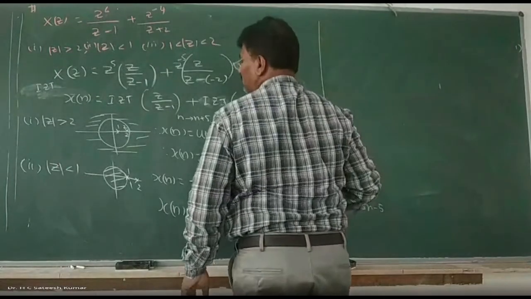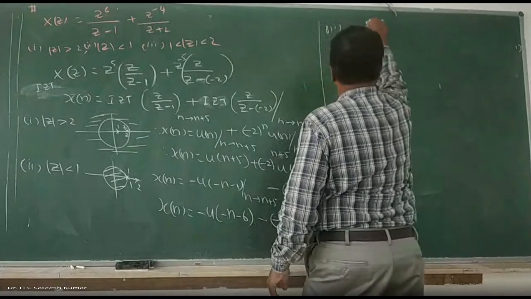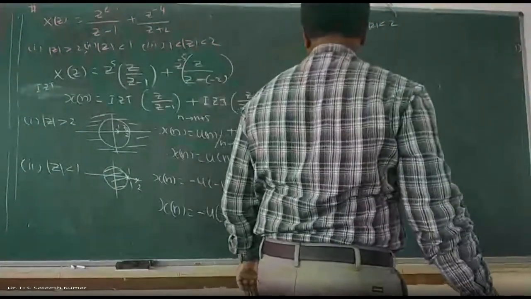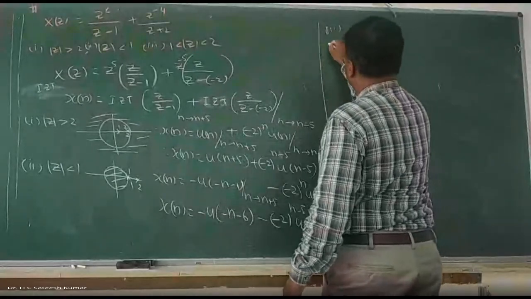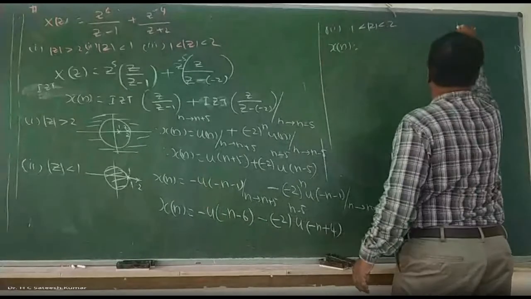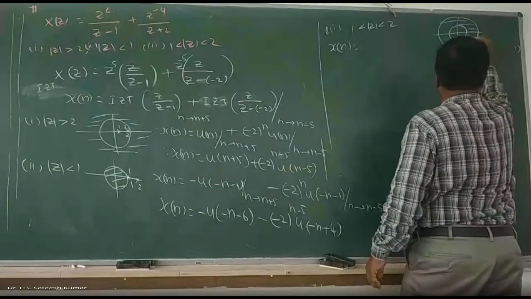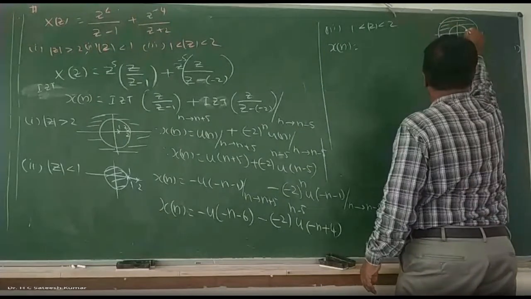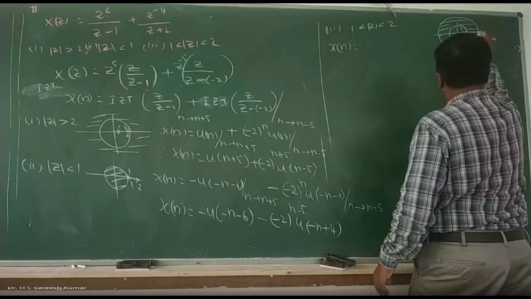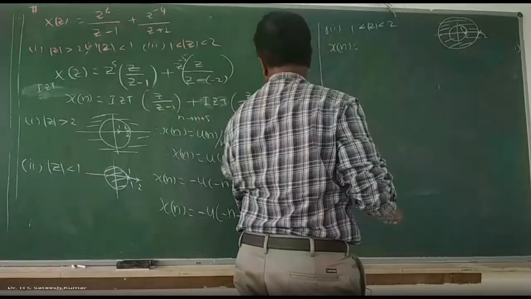Next one, third case. What is the ROC? Mod Z lies between 1 and 2. First you sketch it. One pole is at 1, another pole is at 2. So the first one is right-handed and the second one is left-handed.